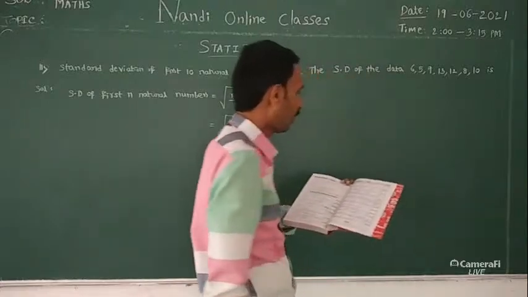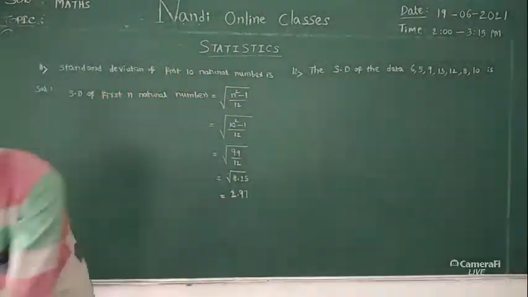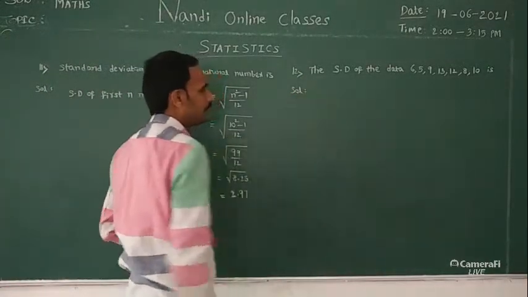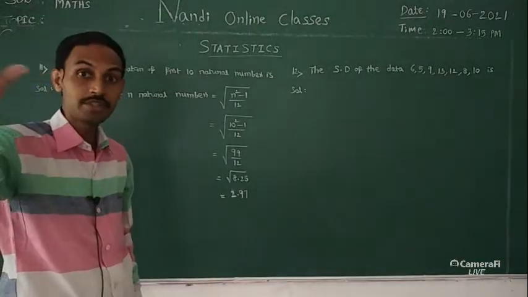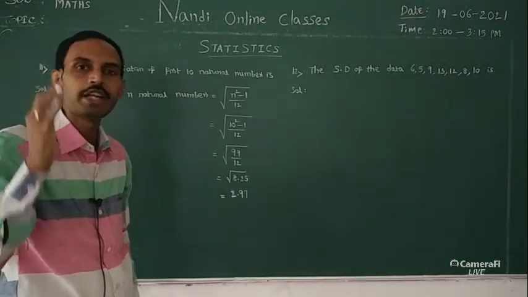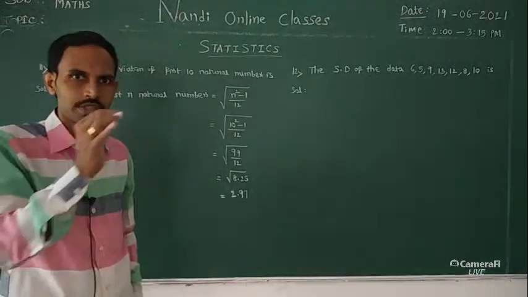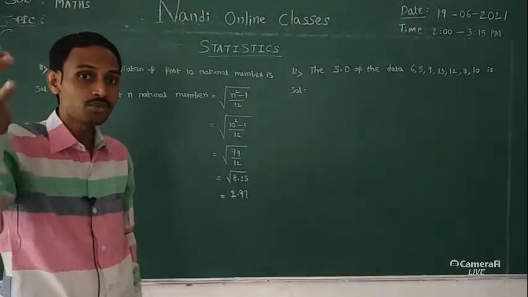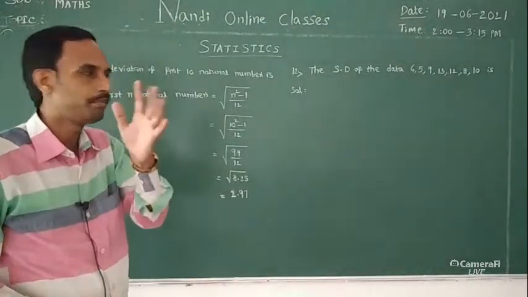Solution. Here observations are given, and we are asked to find the standard deviation. Just now I gave the standard deviation formula: sigma is equal to root of summation xi square by n minus x bar whole square. So first we find the mean.